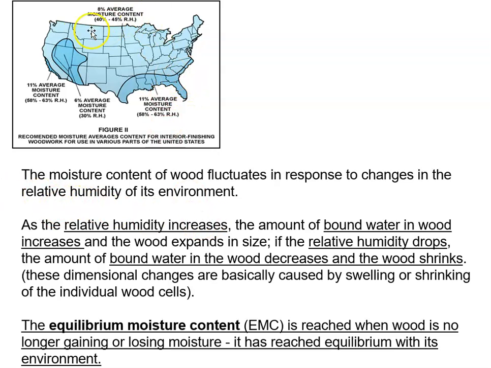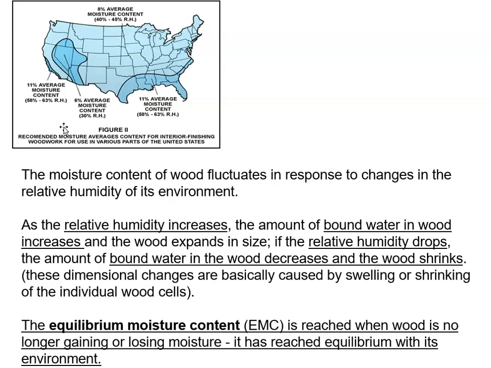Here's a simple chart of the United States showing the average moisture content in different parts of our country. Of course, the United States has a lot of different weather and climate, which varies greatly across this big country.